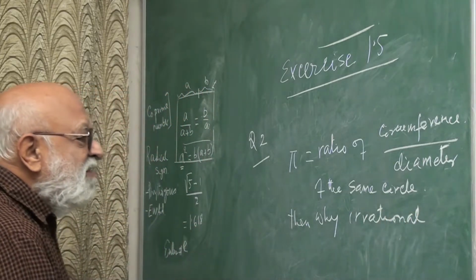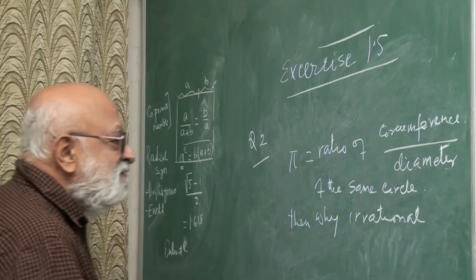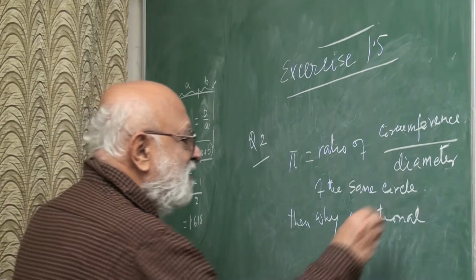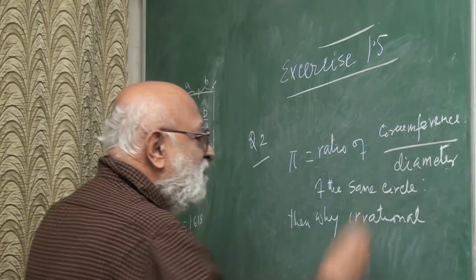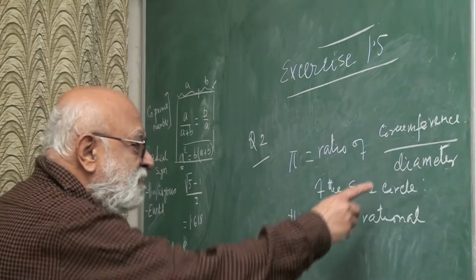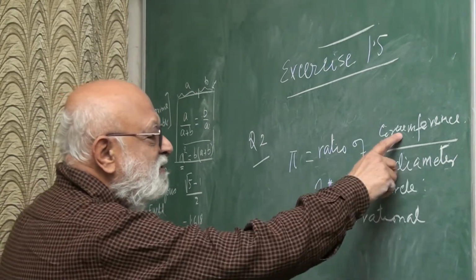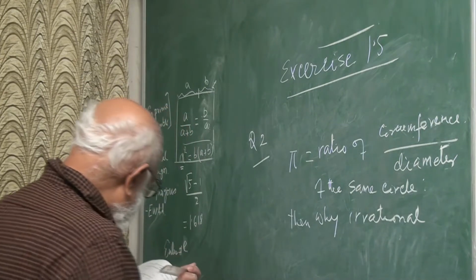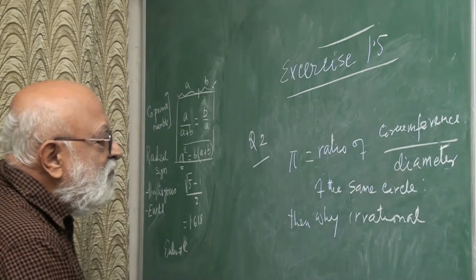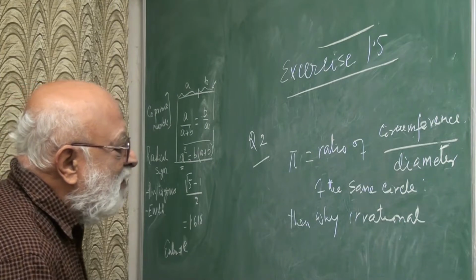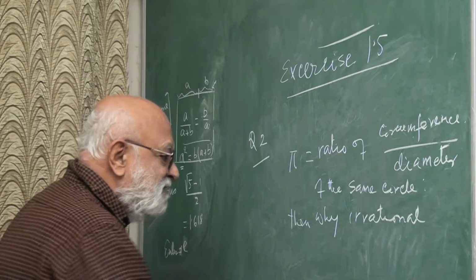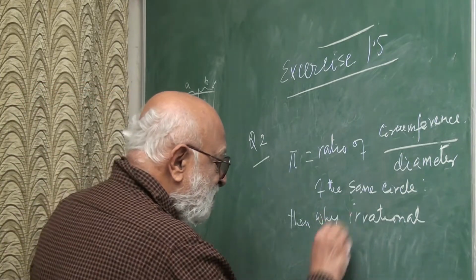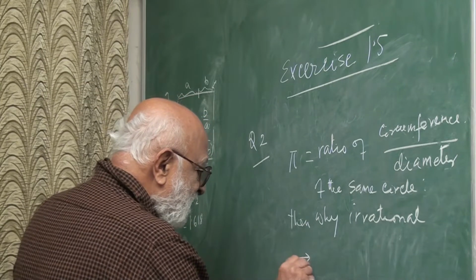See, whenever you measure the diameter and the circumference, this involves measurement. This is only a ratio. There is no unit. So this is the ratio of the two, and that will relate to some amount of irrationality. Why is it irrational?